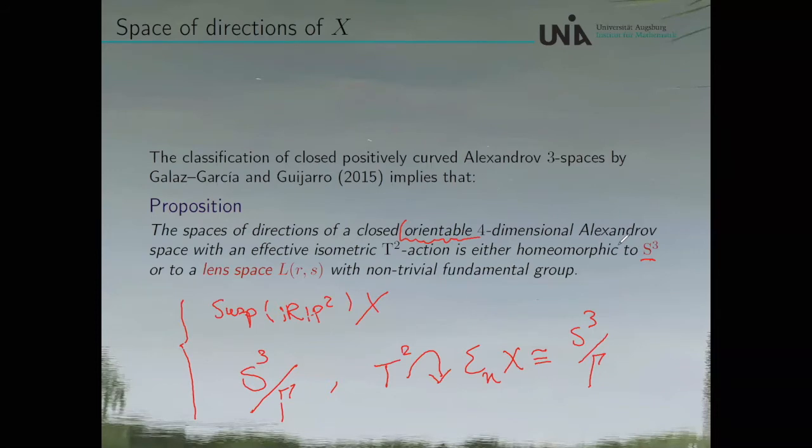Therefore, in our situation, the only possibilities for the space of directions are either S3 or a lens space with non-trivial fundamental group. I divide these two because they're important to be distinguished, as you will see next.